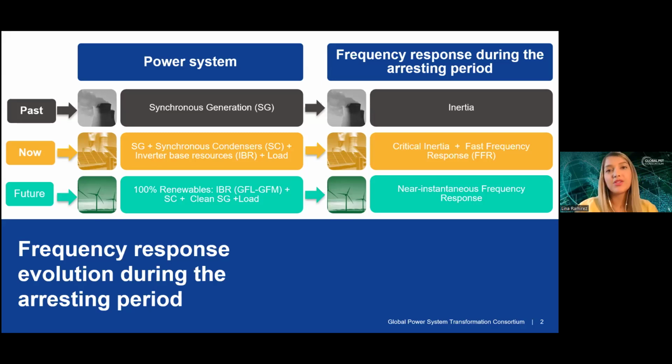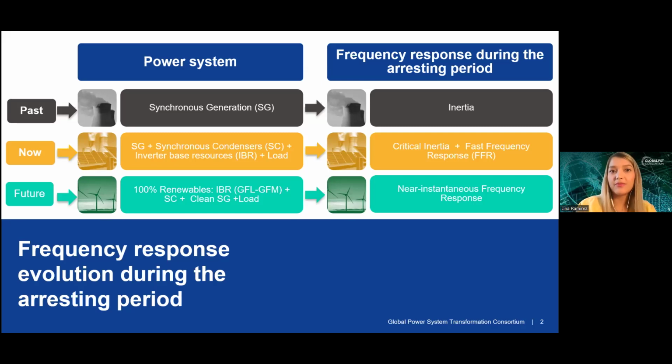Let's say that one generator trips, and immediately all those synchronous generators start to provide that kinetic energy, and they avoid a lower nadir and let the system continue working after the largest contingency.